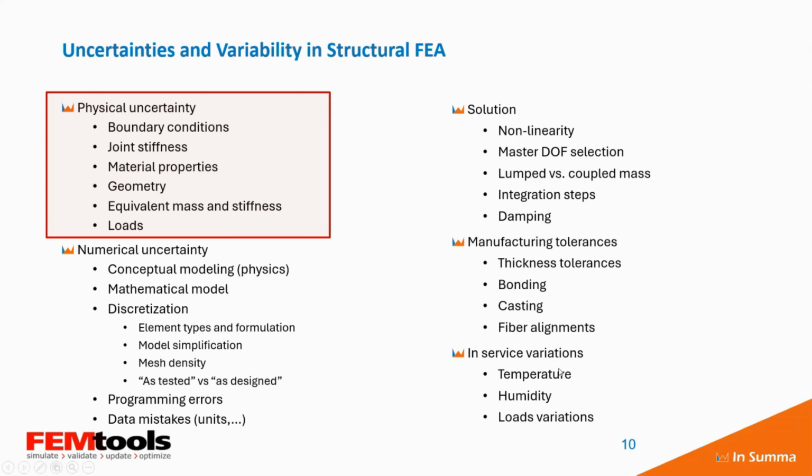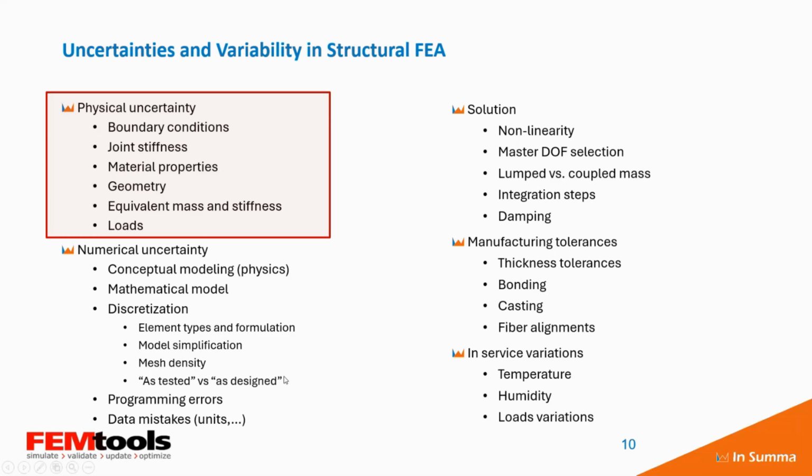And then maybe also environmental variations like temperature or humidity that can have an impact on the response of the structure. So these are all uncertainties that we have to be aware of, but that are not necessarily incorporated in the FE model, and so we have no control over them as a parameter.